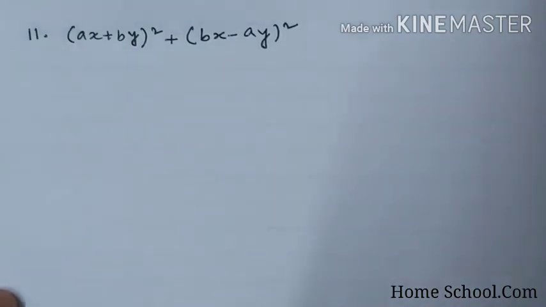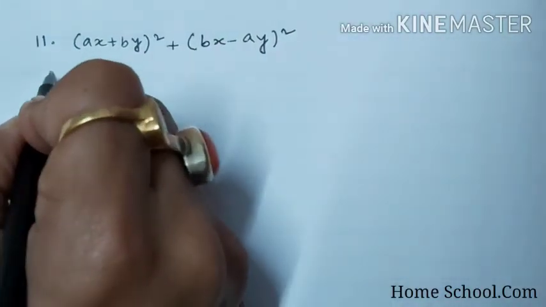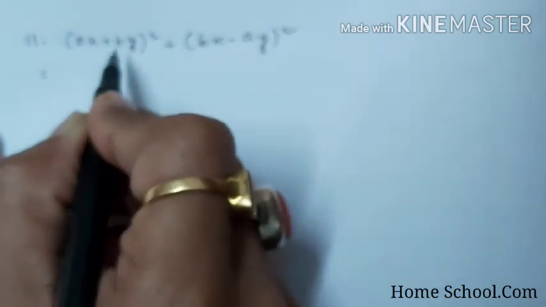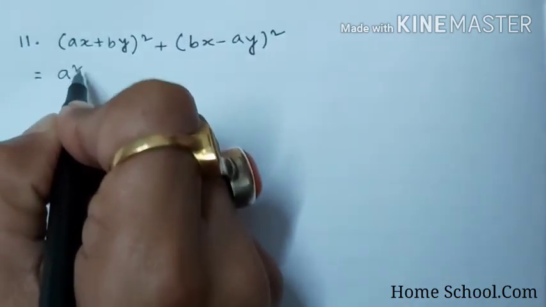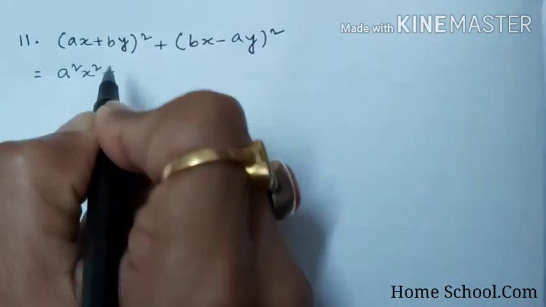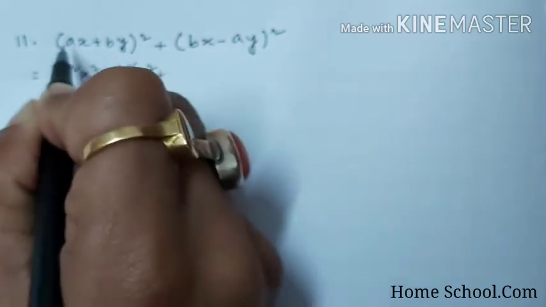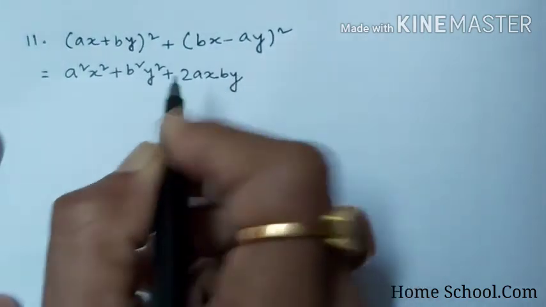Let us understand another problem of factorization. How to solve it? The formula is (a plus b) whole square plus (a minus b) whole square. If you multiply (ax plus by) with (x plus by), what will you get? You will get a square x square plus b square y square plus 2abxy.